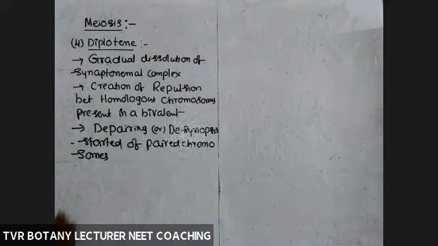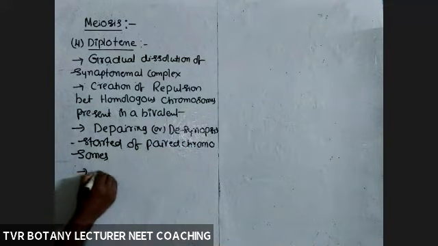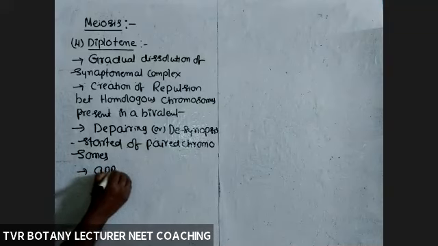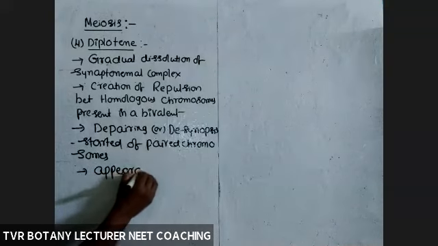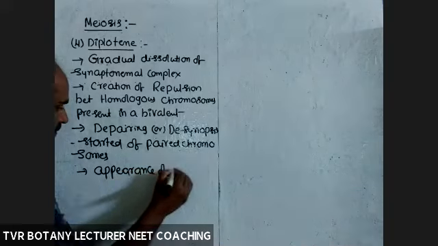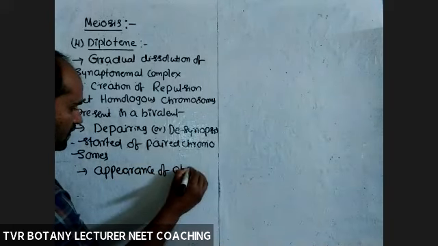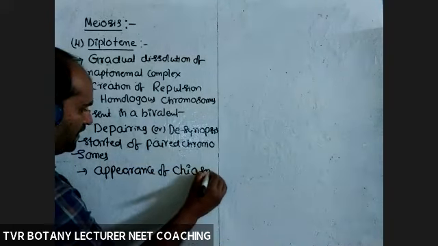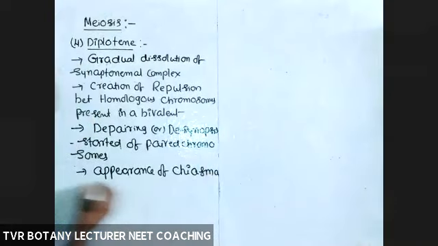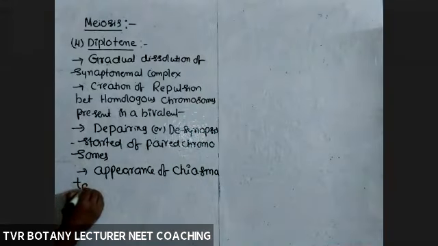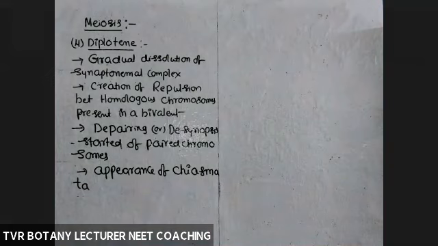Okay, next, one more thing, appearance of chiasmata. Appearance of chiasmata. According to the NCERT textbook, chiasmata appear in diplotene only.